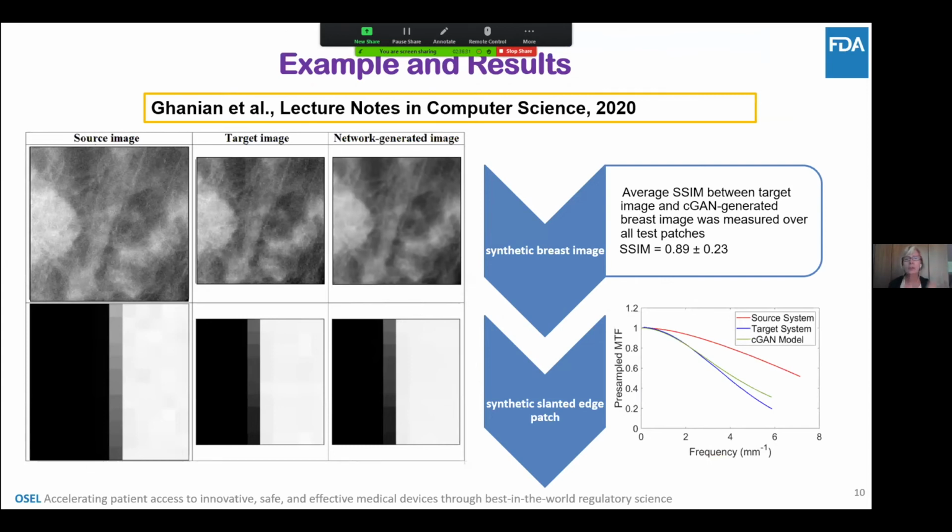You see perceptually, these look pretty similar, and her analysis shows that across an ensemble of images, the SSIM confirms the similarity. Moreover, she was able to show that this CGAN approach also replicated the imaging technical characteristics in terms of the fact that the source system and the target system had quite different pre-sampled MTFs, and the CGAN modeled results had an MTF that replicated the target system.